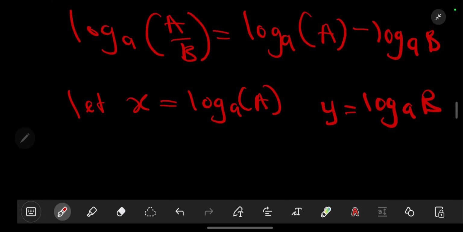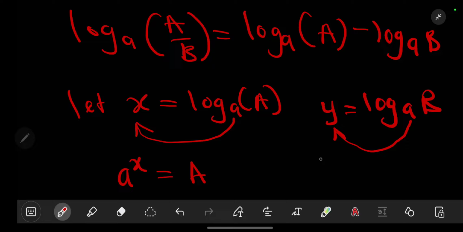Then what we are going to do is express this as an exponential. So this comes here, so we are going to have a to the power x is equal to just a there. Same with this one, you are going to have a to the power y should be equal to b, like that.